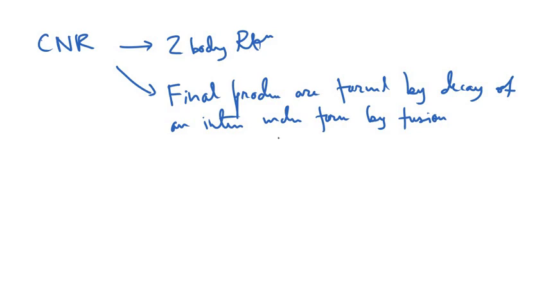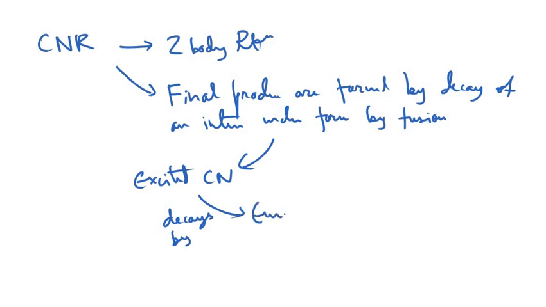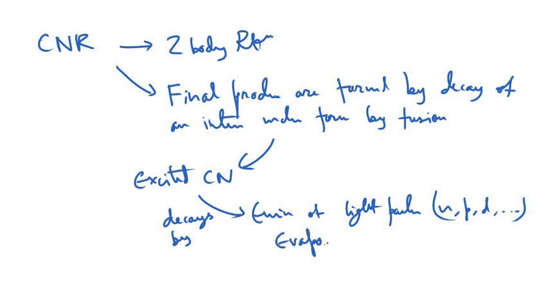Okay, and as a result we have an excited compound nucleus which decays by emission of light particles like neutron, proton, deuteron, etc. And this is known as evaporation reaction, as if the light particles are getting evaporated.